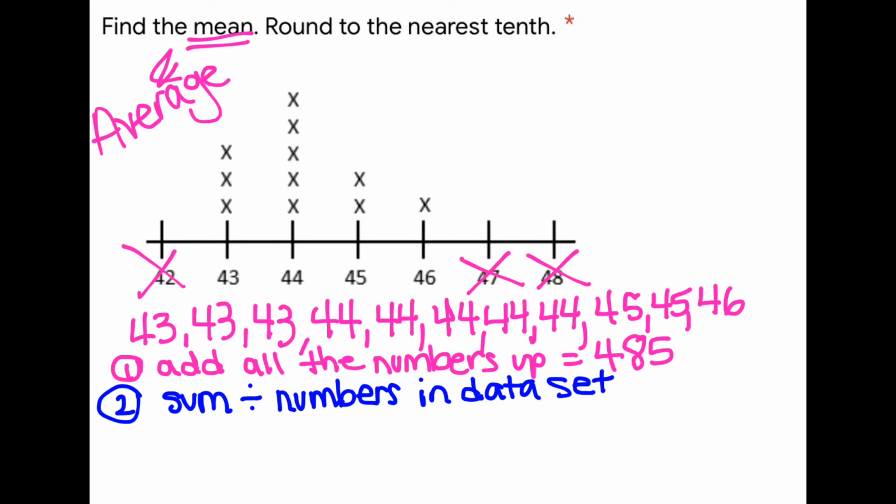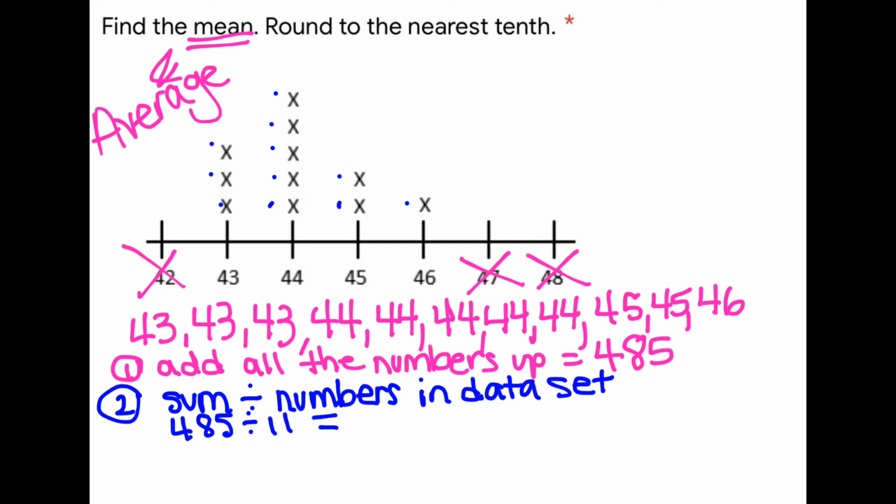For example, we have sum is 485 divided by numbers in data set. We have 1, 2, 3, 4, 5, 6, 7, 8, 9, 10, 11. We have 11 numbers in our data set.